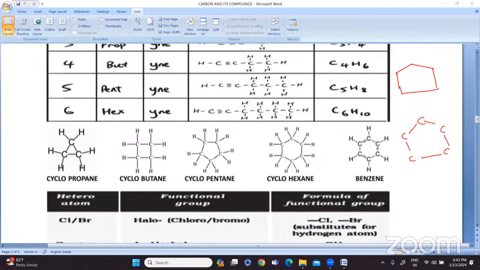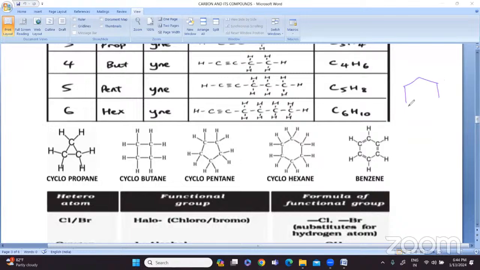Now here are 1, 2, 3, 4, 5, 6, 7, 8, 9, 10, the hydrogens which I have written here. So this is cyclohexane. In ring structures, we mostly write cyclopropane, cyclobutane, cyclopentane, cyclohexane.